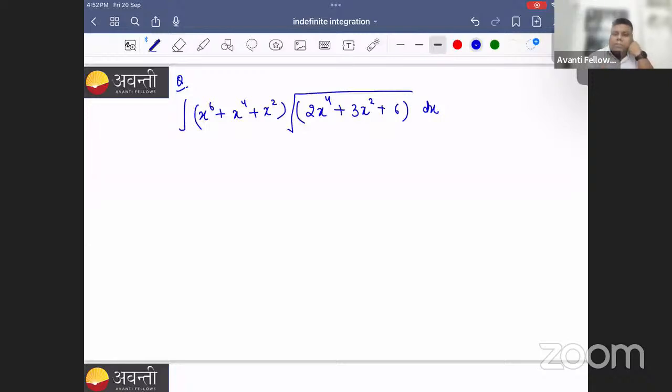And while you are thinking about this question, in the meantime, just mark this poll also. Yeah, please quickly, so that we start discussing this question.